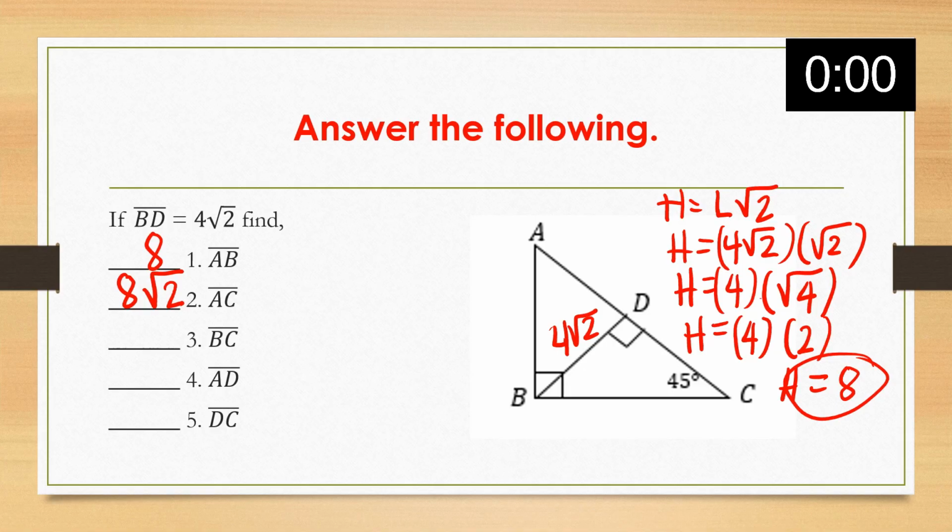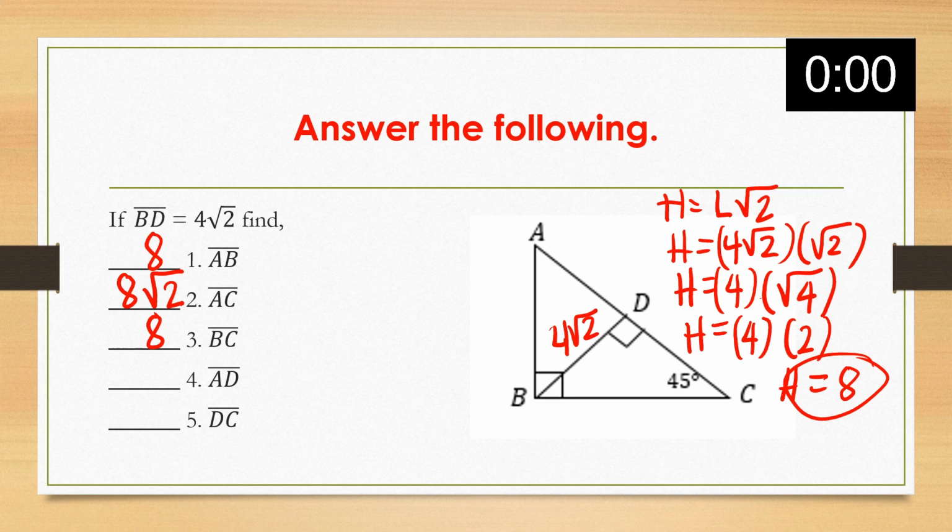Did you get it? Very good. How about the length of line segment BC? Correct. That is also equal to 8 because line segment AB is congruent to line segment BC.